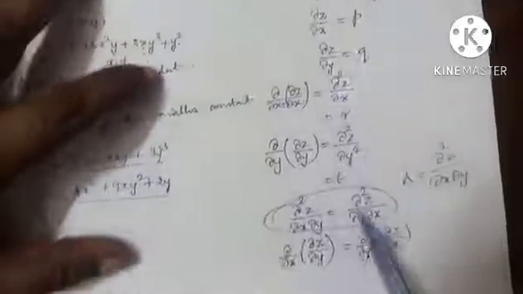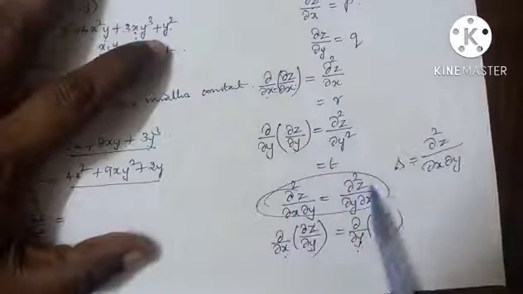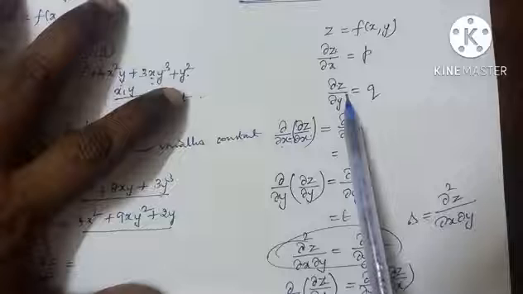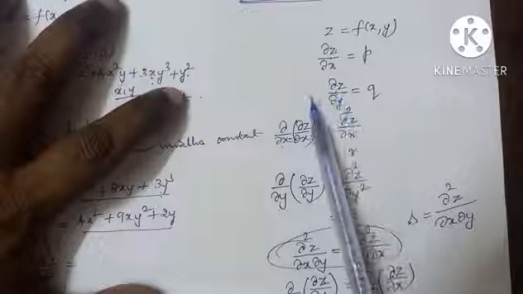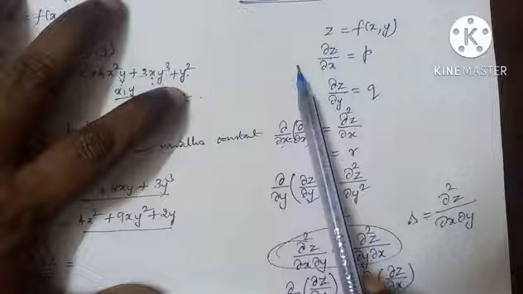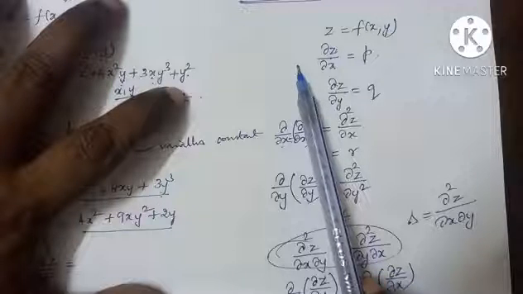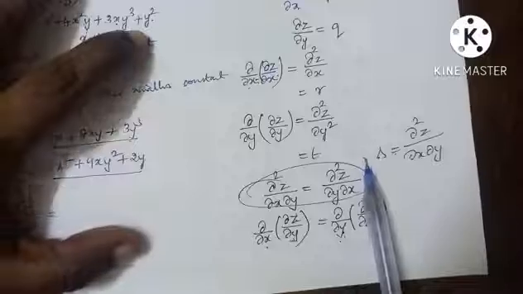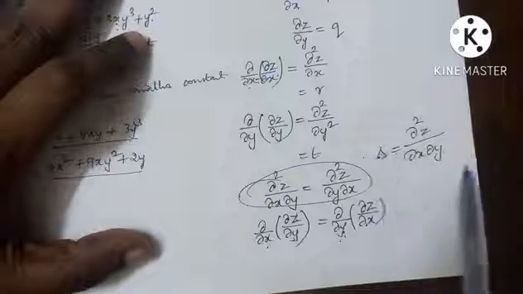The mixed derivatives are equal: you can differentiate this with respect to x or this with respect to y, the answers are the same, and we use the notation s for it.